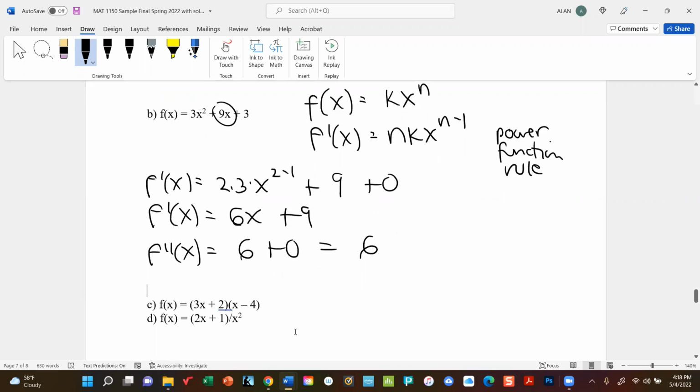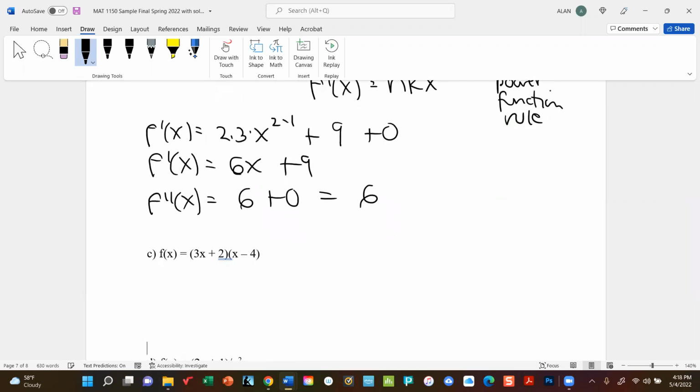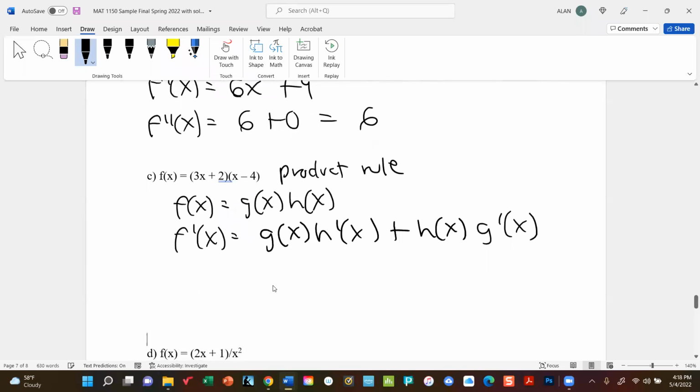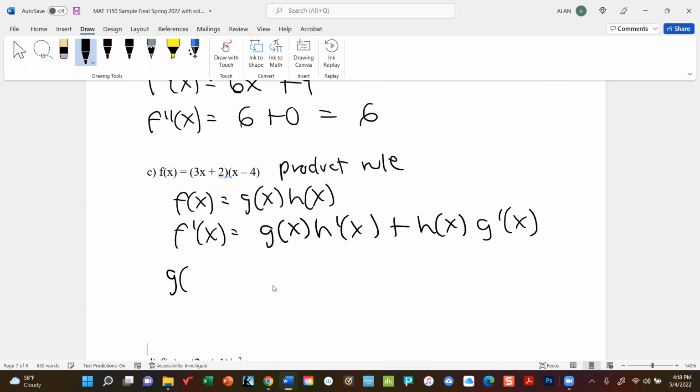All right then. Now C is the product rule. In this case, the first term is g of x, the second term is h of x.